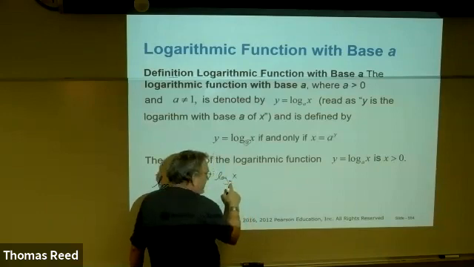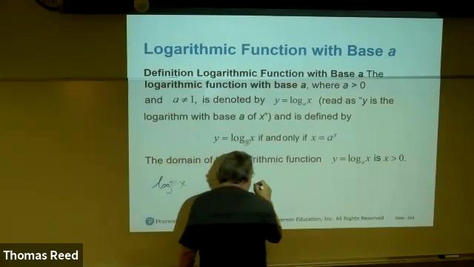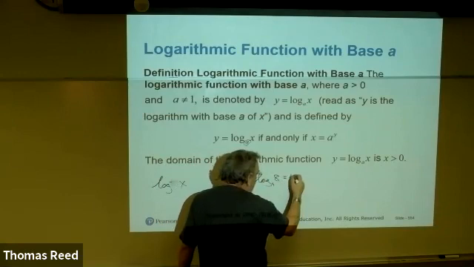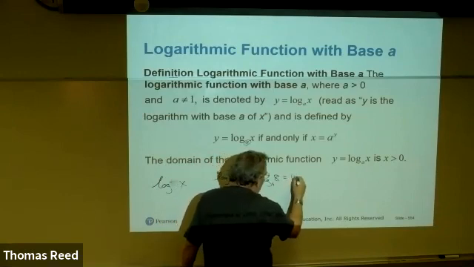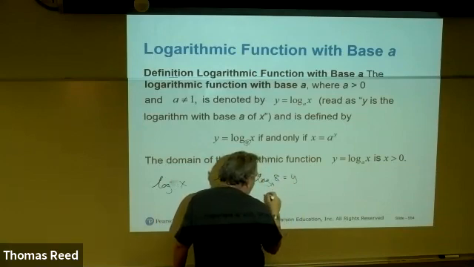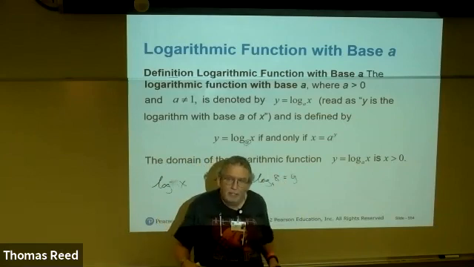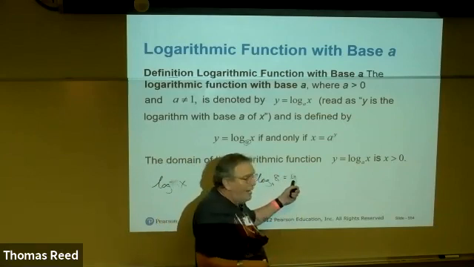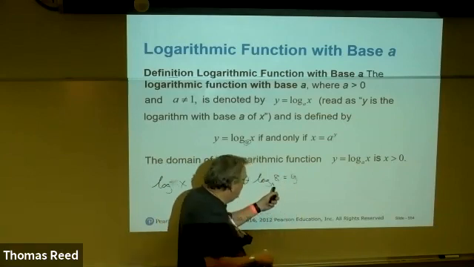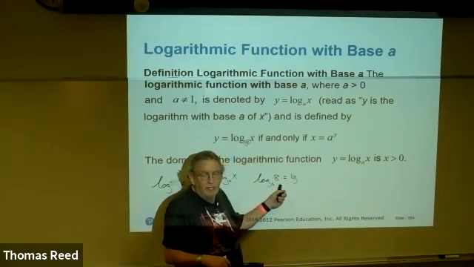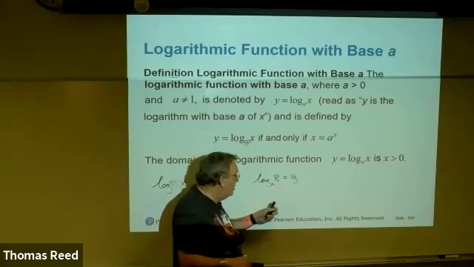what the base is. So I could say the log base 9 of 8. What does that equal? Well, that equals x. Or actually, they're saying y here. So what this means is logarithm is an exponent. The logarithm equals the exponent we put on the base that equals the argument of the logarithm.